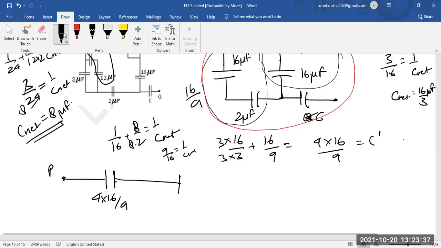And then we have this capacitor of capacitance C. So 1 by 4 into 16 by 9 plus 1 by C equals 1 by C net, which is equal to 4.